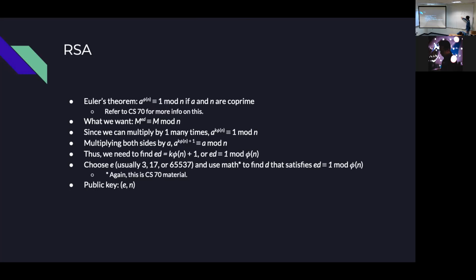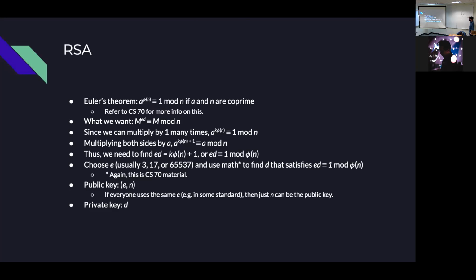Because this is actually just some k times phi of n plus 1. And then working backwards, if we subtract 1 from both sides in the exponent, this reduces to Euler's theorem. Again, this math is out of scope, but I think it's really interesting. But what you really need to worry about is that E and N are the public key and D is the private key.